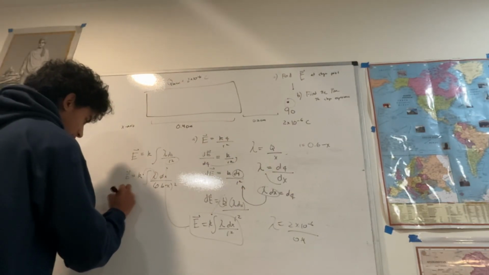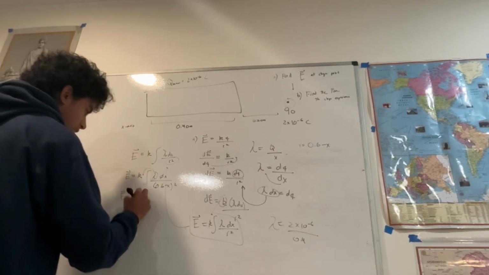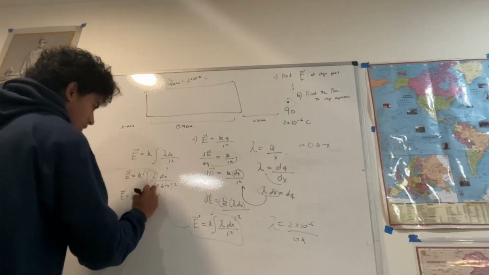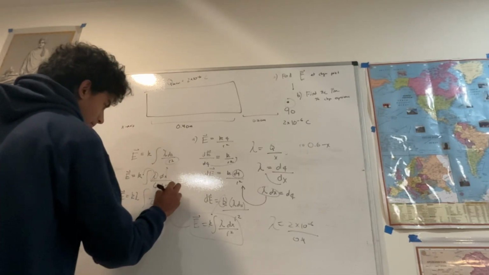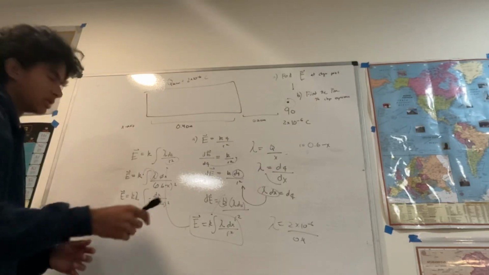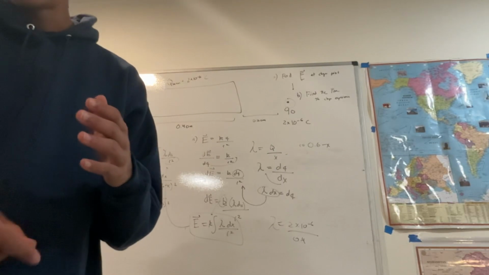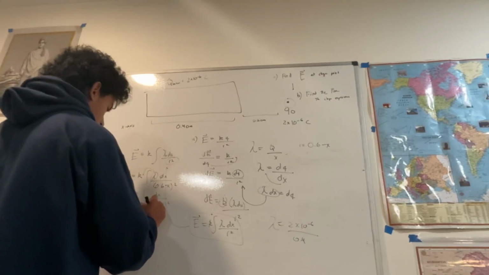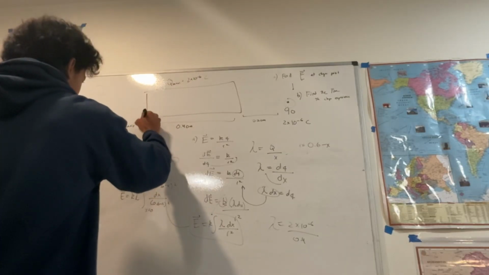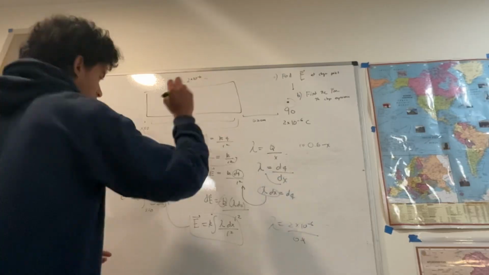So electric field equals k lambda integral of dx over 0.6 minus x squared. And the bounds of this integral will be from x equals 0, basically this point, all the way to L, all the way over here.